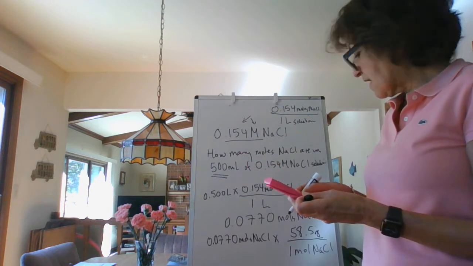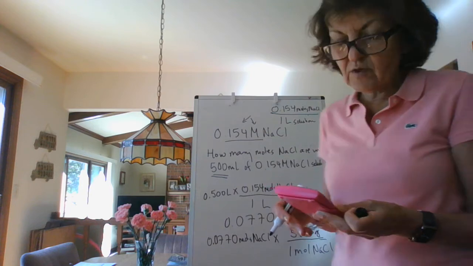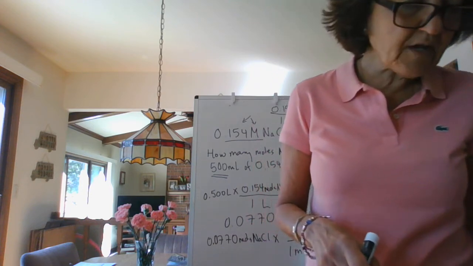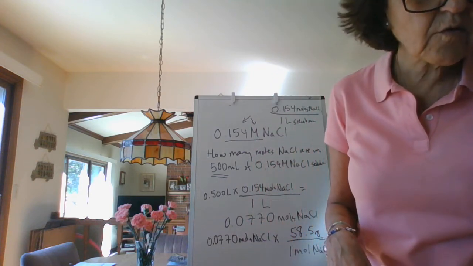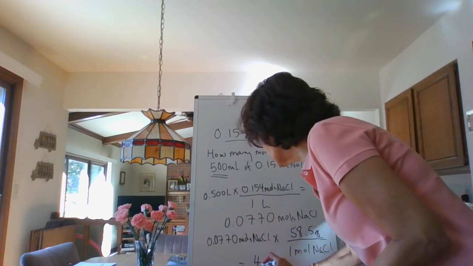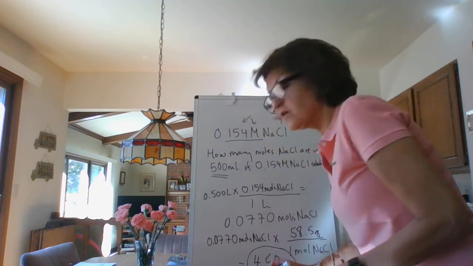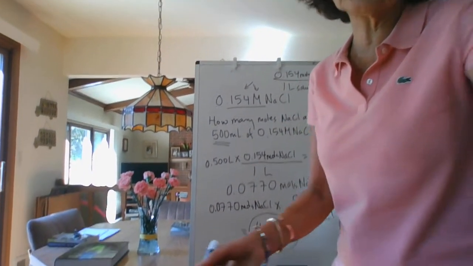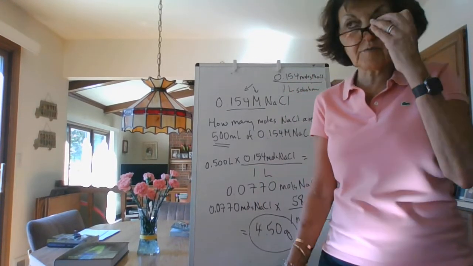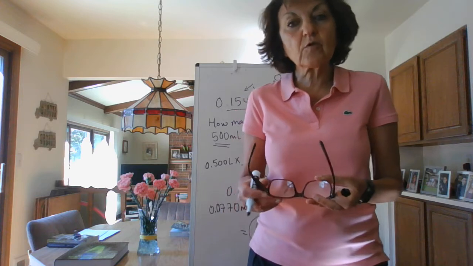All right, so take that times 58.5, and you get 4.50 grams, rounded correctly. So in every half-liter bag of physiological saline that they give you, if you're in the hospital, you are getting 4.5 grams of sodium chloride.